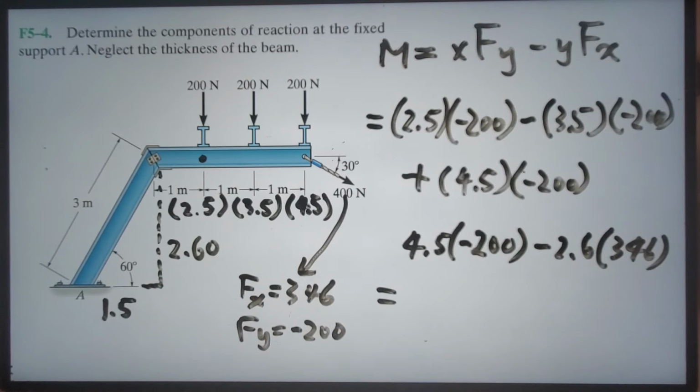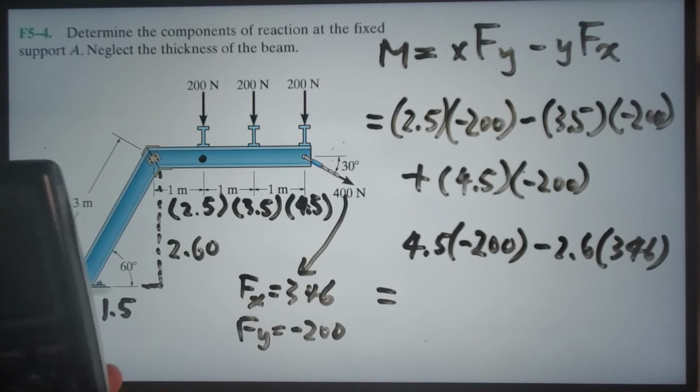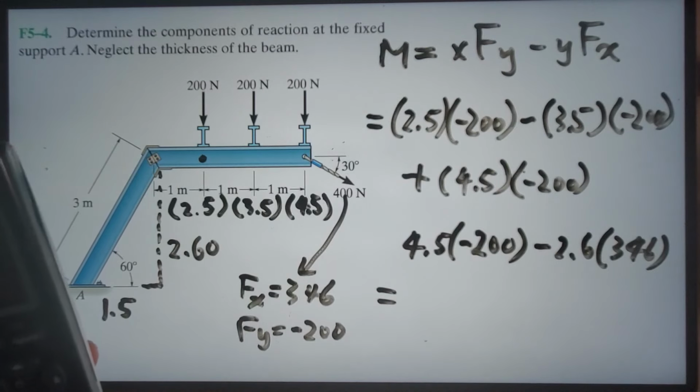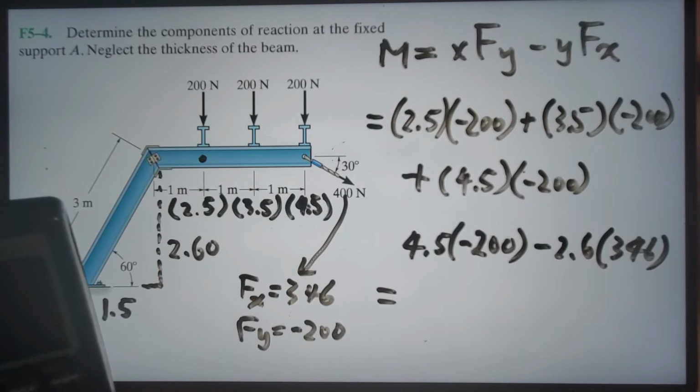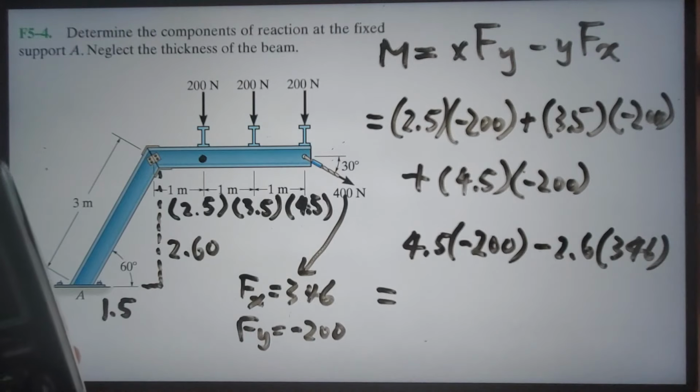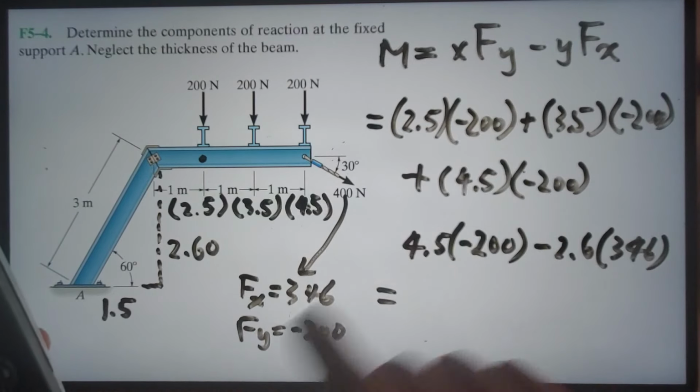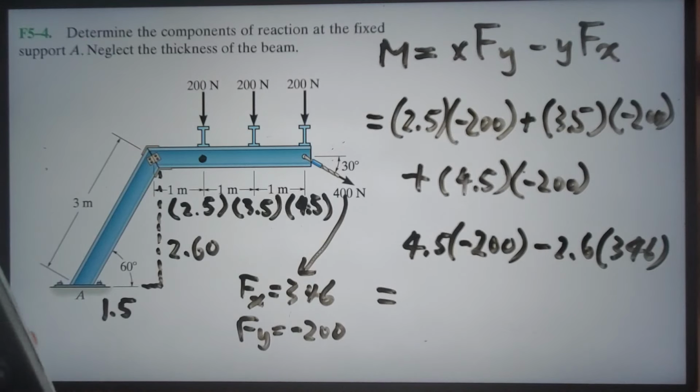So if we do everything, what I have here is 2.5 times negative 200 plus 3.5 times negative 200, and then plus 4.5 times negative 200, and then plus 4.5 times negative 200, and minus 2.6 times 346.